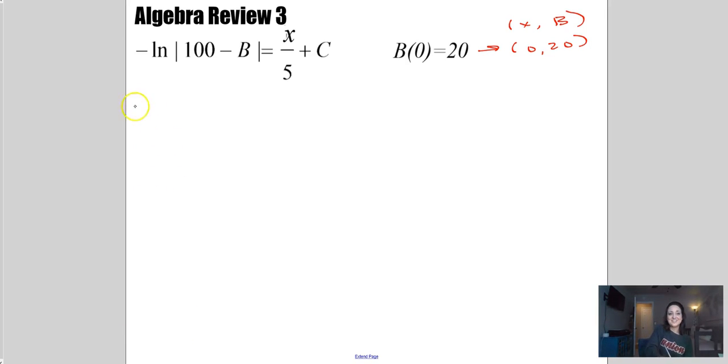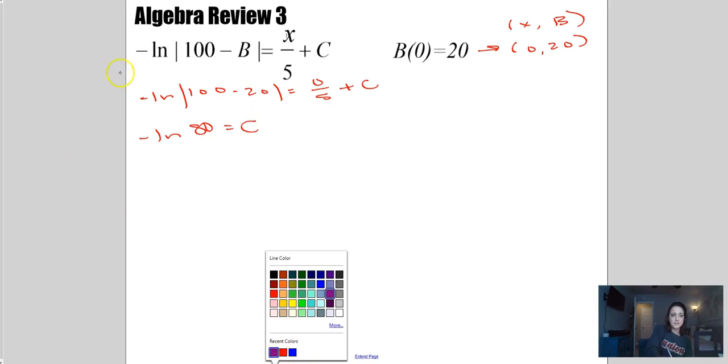All right, so let's come back here. So I'm going to plug in 20 for B and 0 for x, okay? So here 100 minus 20 is 80. Absolute value of 80 is still 80. So I'm getting that C is ln of 80, because 0 over 5 is just 0. All right, so there's step 1.